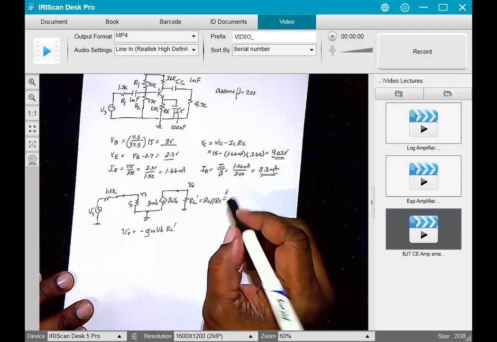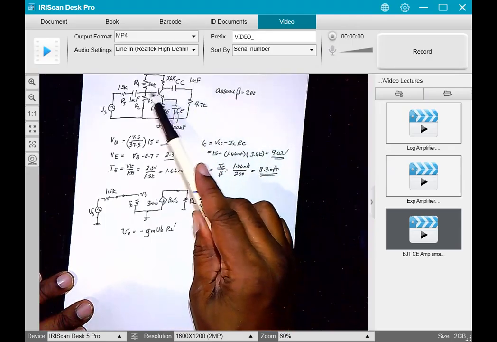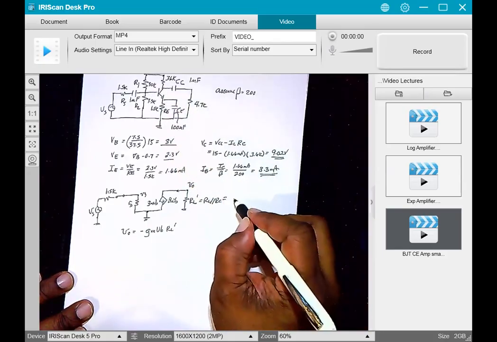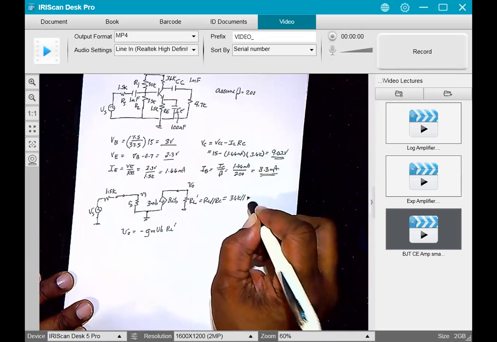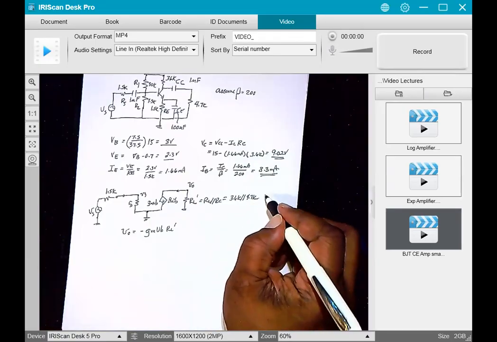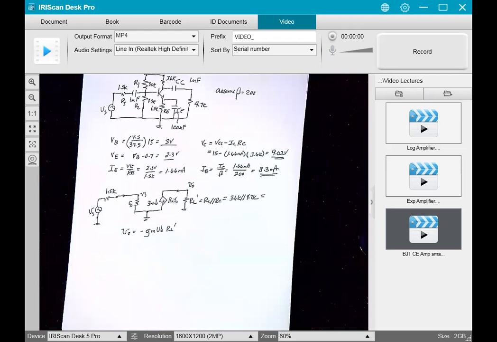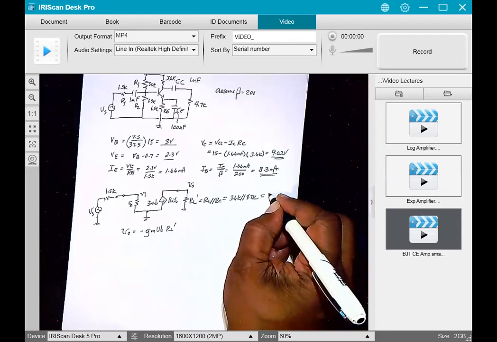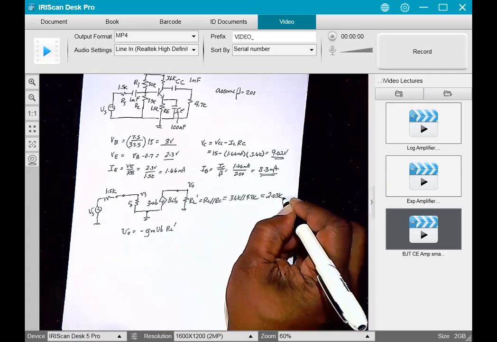Let's calculate RL prime: RC in parallel with RL, 3.6K parallel with 4.7K. It looks like about 2.03K.